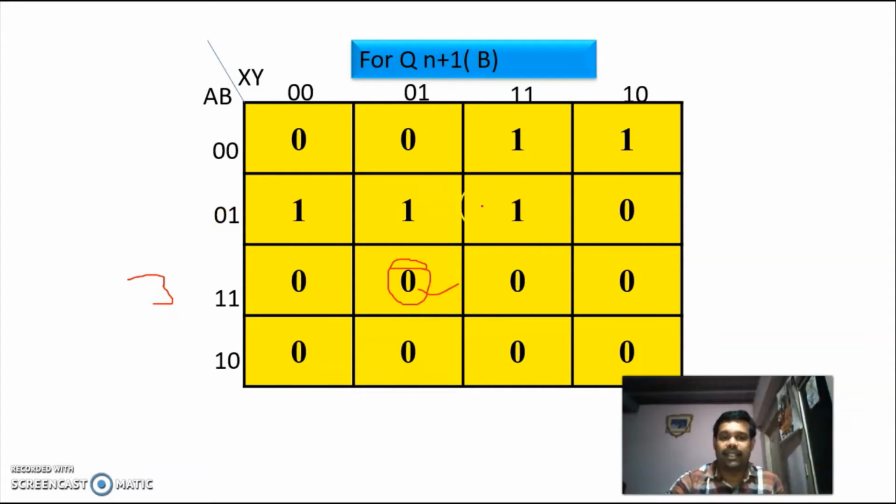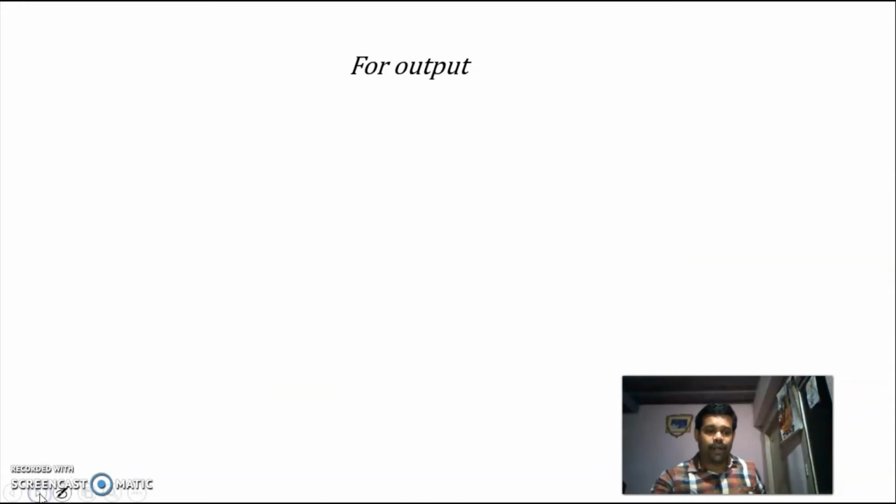Then the third cell of second row, where we got the value as 1. Similarly, we have to take each value and substitute in the equation 4 and find out these values.